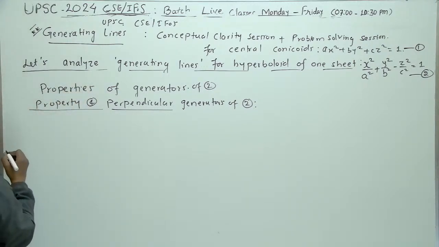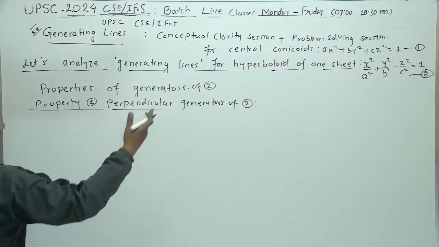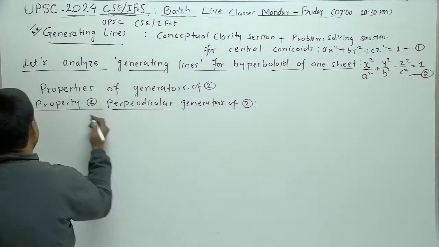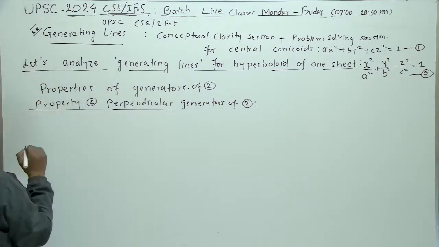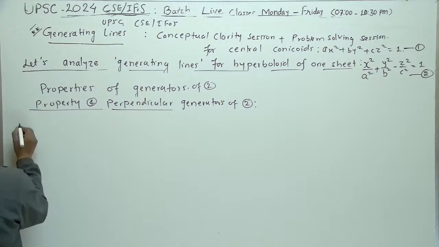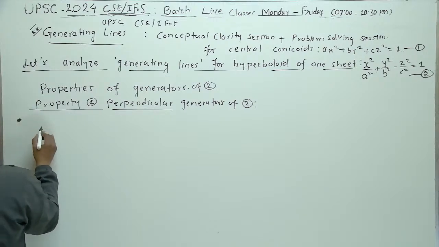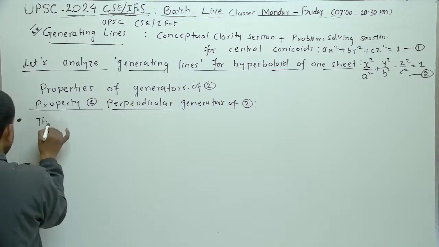So when you talk about generators, obviously we can write the generators for the 2. तो अभी हम इसको देखते हैं. So what is the property? Let's write that here.